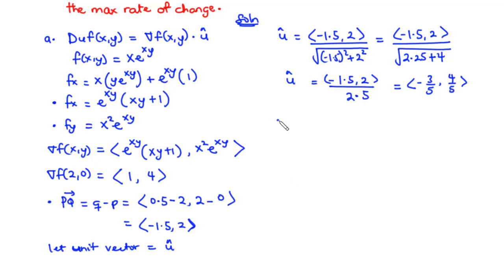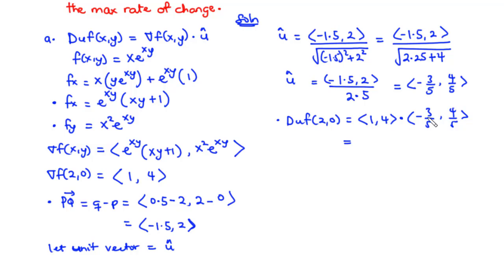Therefore, now the directional derivative of the function at the point 2, 0 is equal to the dot product of the gradient of the function at the point 2, 0 and the unit vector. Next, we multiply corresponding components and add them up.